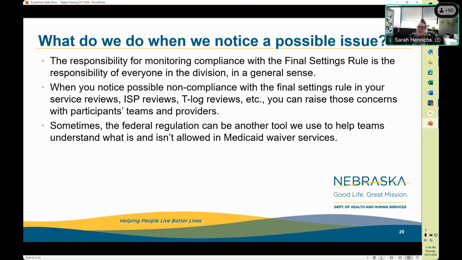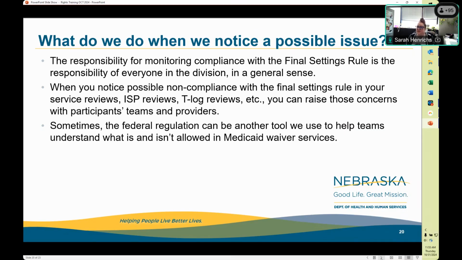Sometimes the federal regulation can be another tool that we use to help teams understand what is and isn't allowed in Medicaid services. Rights can be nebulous to understand, and restrictions can be hard for folks who aren't in our industry to understand.